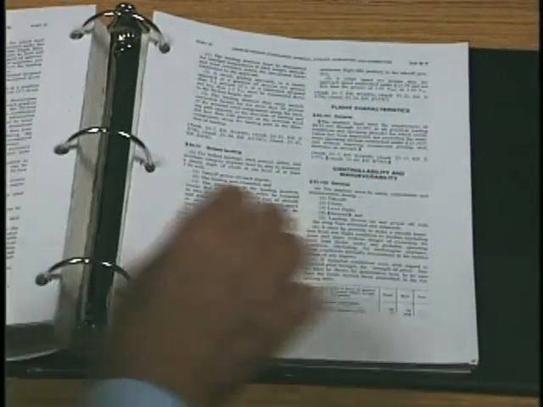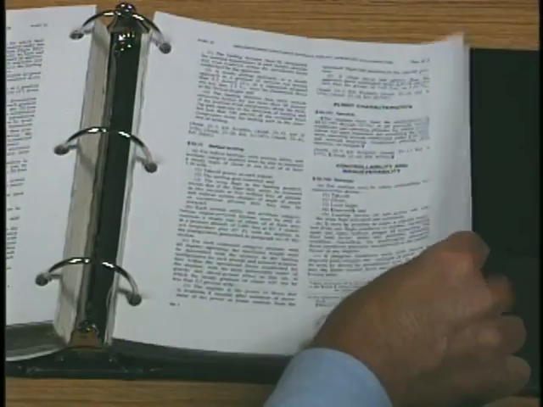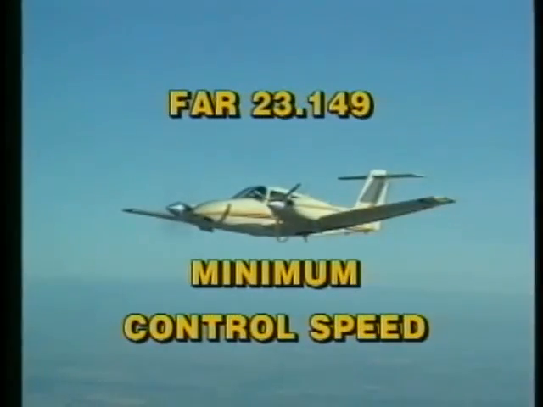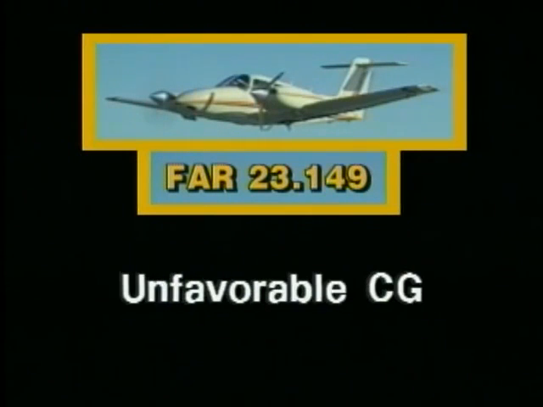One way to begin your discussion is to examine the factors listed in aircraft certification standards under FAR 23.149. The published VMC may not exceed 1.2 times the stall speed at maximum takeoff weight with the maximum available takeoff power or thrust on the engines. The most unfavorable center of gravity.